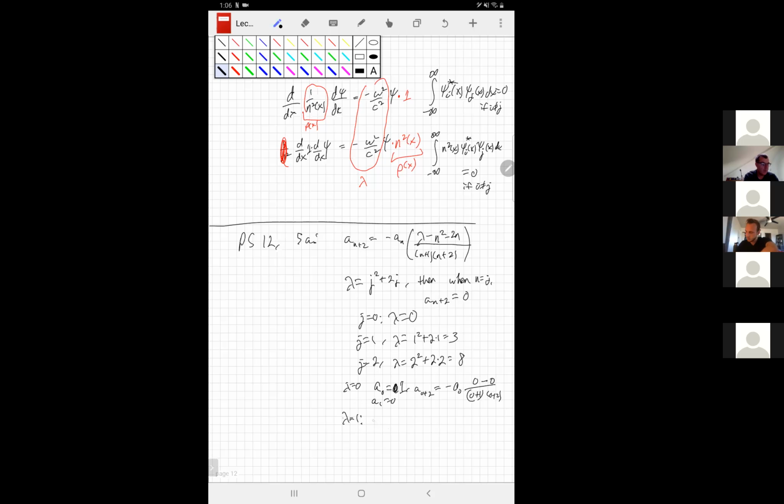For lambda equals 1, now we're trying an odd polynomial. a_0 is 0, a_1 is 1.